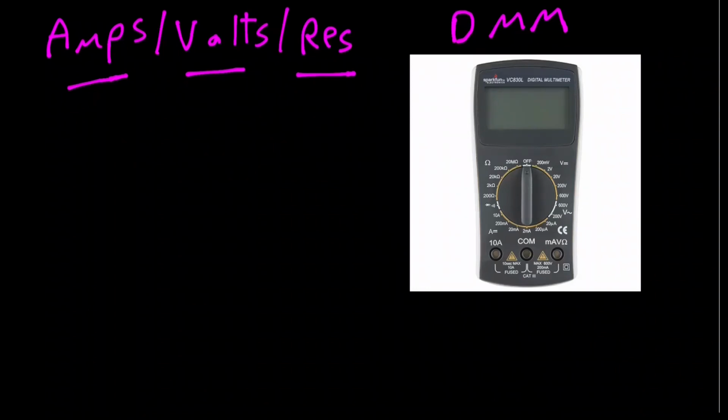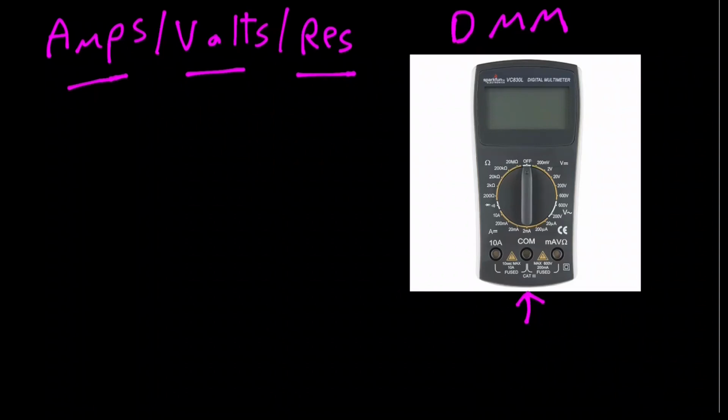So this comes with two electrodes, or two probes, a black and a red one. The black one is universally going to go right here in COM. And the red one, you have to determine what you're going to be measuring.